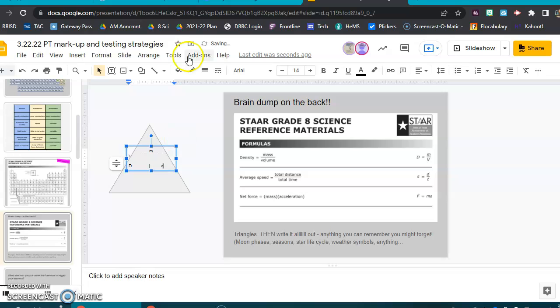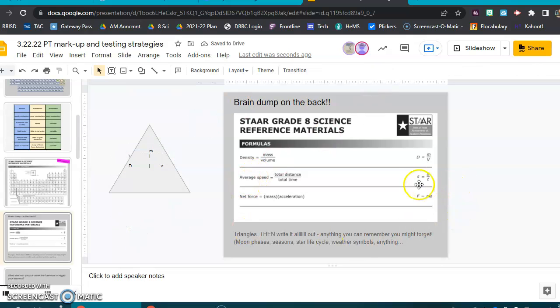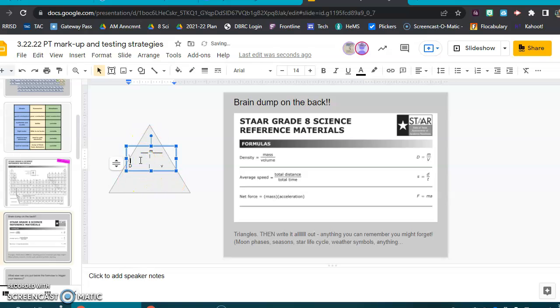So we have our triangle, and we can build these for a lot of our formulas. I could change this out and I could make it for speed. Remember, I would have distance over time and then speed would go here. Force would be force is mass times acceleration. So I'm just trying to put a little line in here so we kind of see this a little bit better.